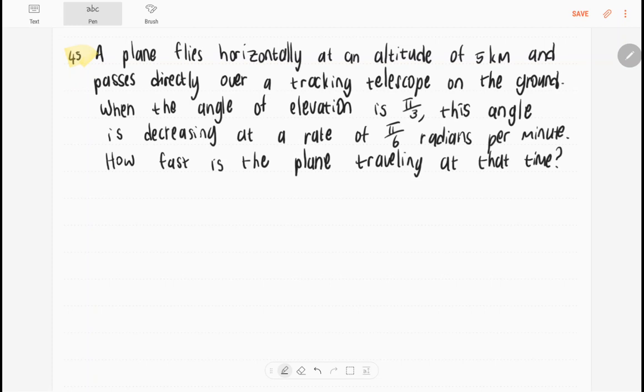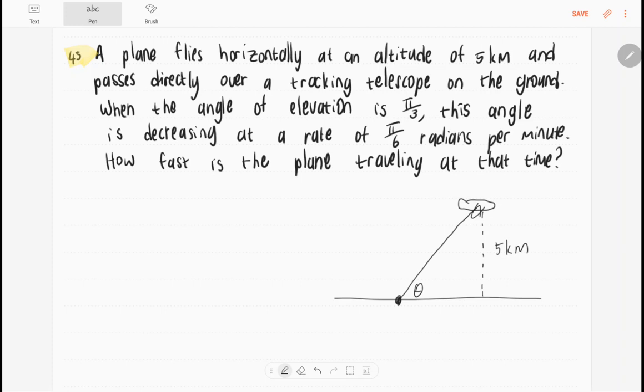Okay, so what we're going to do first, once again, is draw a little figure to see what's going on. So we have our ground, then we have our plane, and it's flying at an altitude of 5 kilometers. And it passes over the tracking telescope, and it makes some angle of elevation with that telescope, and let's call that theta.